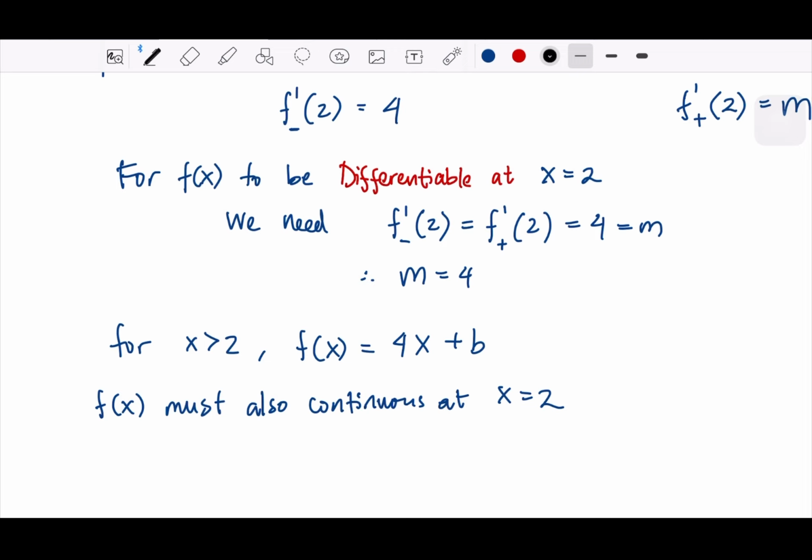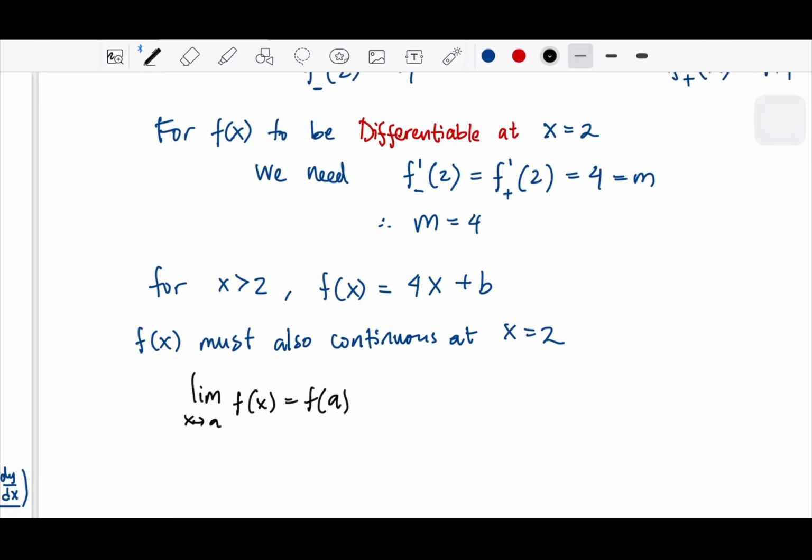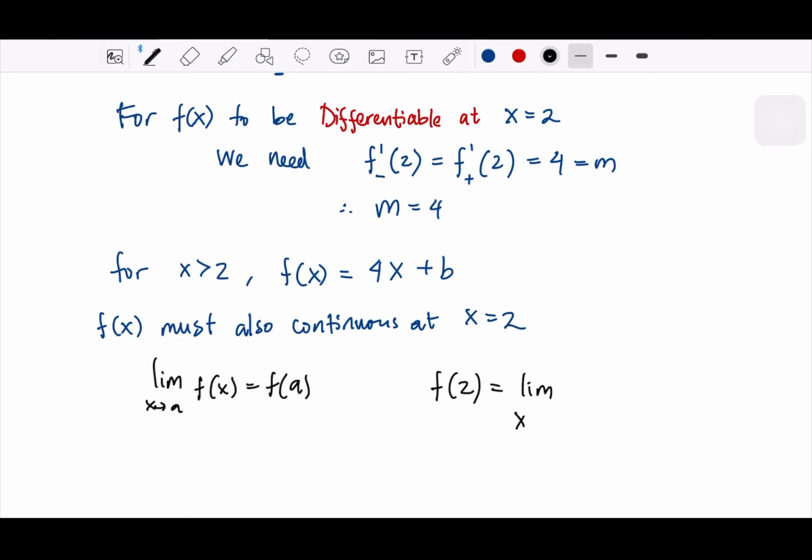So continuous means, let me write here the general terms. We need to have this. So f of 2, let's say we are going to evaluate from the right side, that is equal to the limit as x gets closer to 2 from the right of f of x.